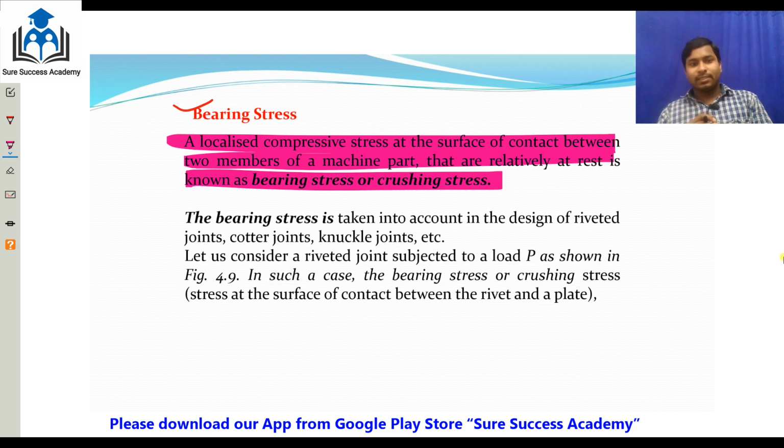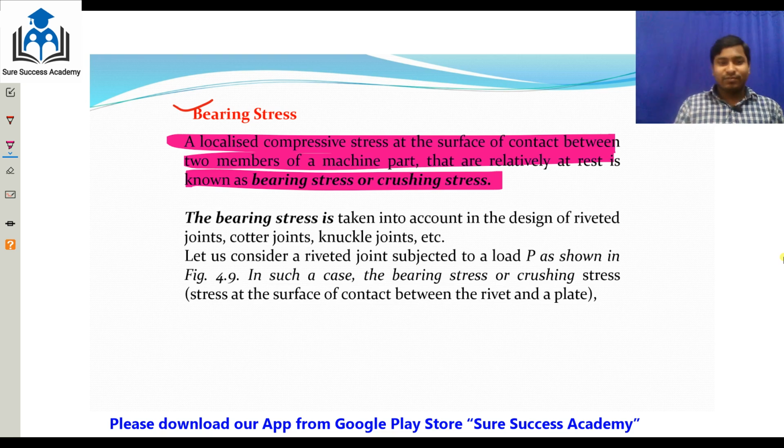The bearing stress is localized compressive stress. Bearing stress is nothing but localized compressive stress at the surface of contact between two members of the machine elements that are relatively at rest. It is known as bearing stress or crushing stress. How it acts we will see here. The bearing stress is taken into account in the design of rivet joints, cotter joints or knuckle joints.